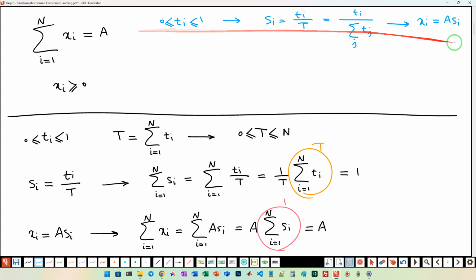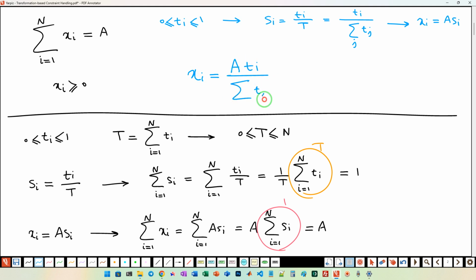And if we combine these equations, we can say that xi is defined as a Ti divided by summations of these T's. Okay, so we can simply generate n numbers between 0 and 1 and then calculate xi as this, and this makes sure that our condition is satisfied. Our equality constraint is always true, and you can freely search this space.